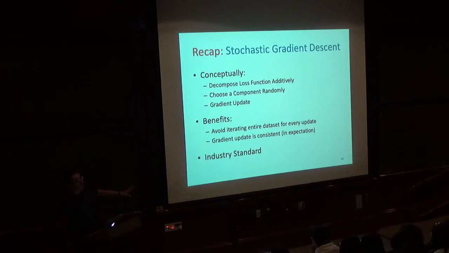They're a little bit slower because the stochastic gradient only has the same expected value. So things are a little bit slower in terms of number of iterations, but of course each iteration is so much faster, and it's the industry standard.